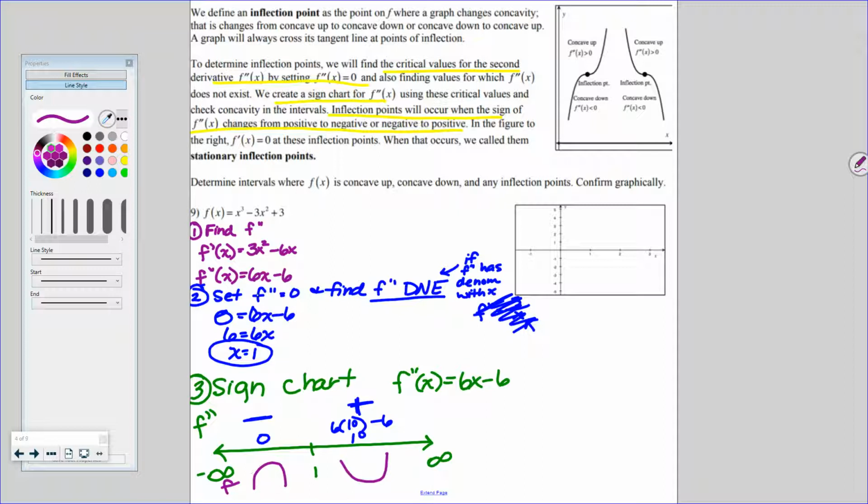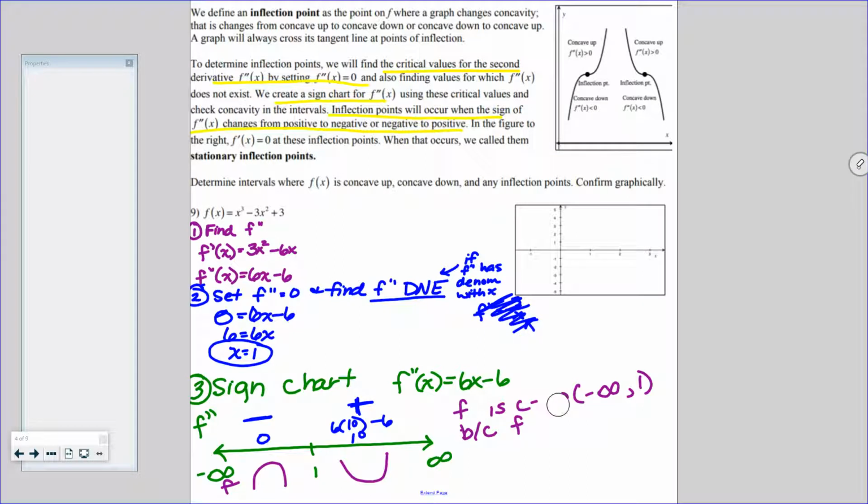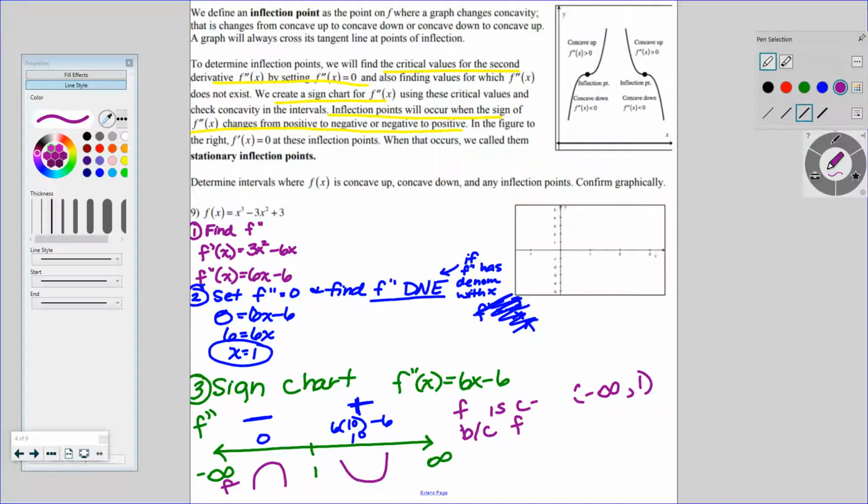So if I'm trying to determine where f is concave up, I can say that f is concave up from negative infinity to 1, and we do use parentheses for concavity. Oh wait, not concave up, concave down. That's why I like to draw the picture there, concave down, D-O-W-N.